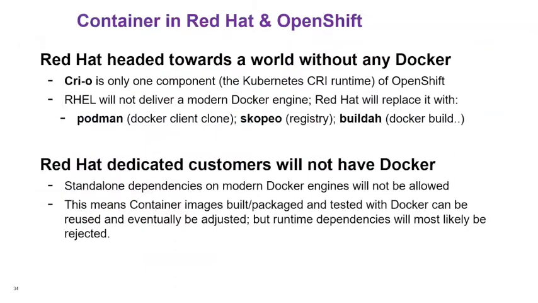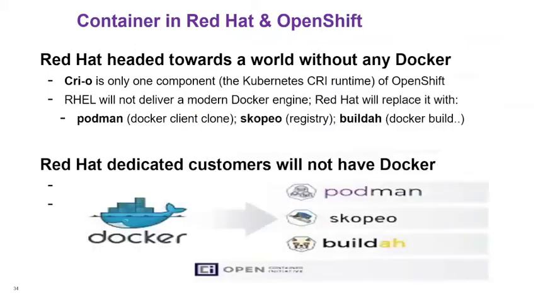And with that said, Red Hat decided to go forward without Docker. So Red Hat, and you will see OpenShift, will not support Docker anymore. The replacement for Docker is Podman as the Docker client clone, Skopeo for the registry, and Buildah for the build.